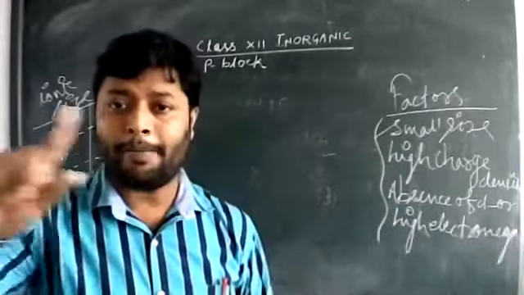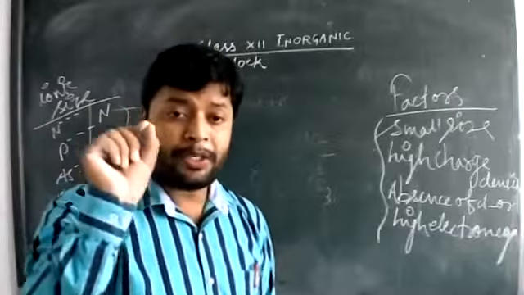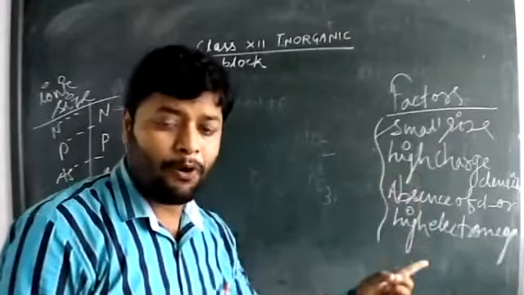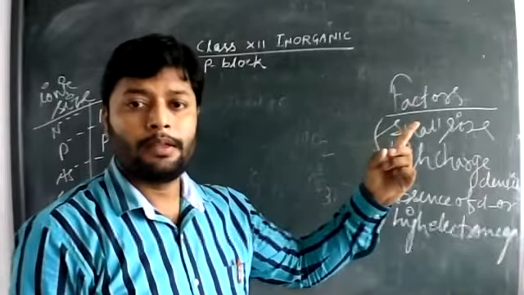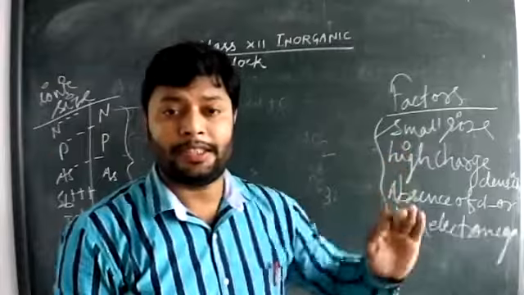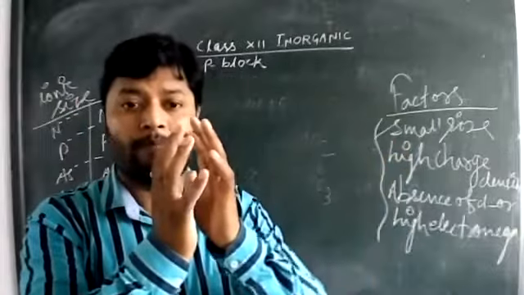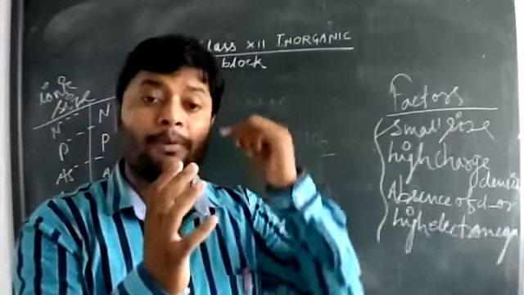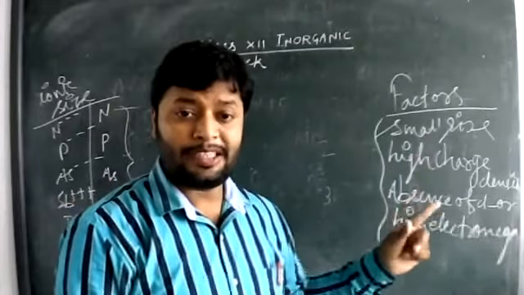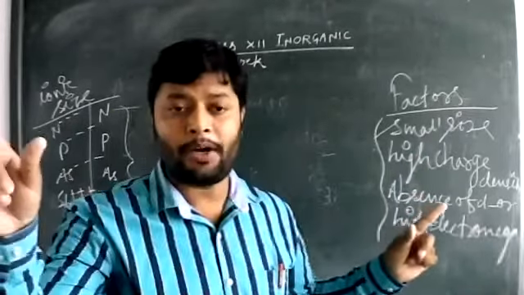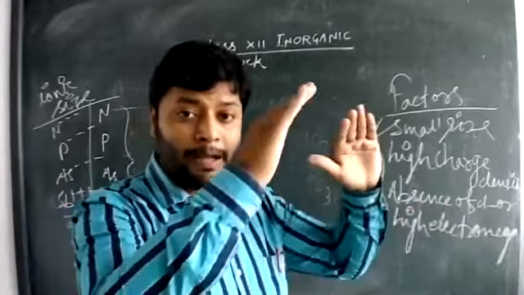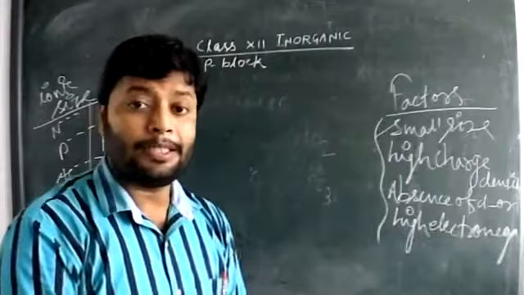All second period elements, which are also called the representative elements of their groups, have these four factors. They are small in size, they have a high charge density because of the smaller volume and more charge, there is absence of d orbitals in all second period elements, and they are more electronegative compared to the other members of the same group.